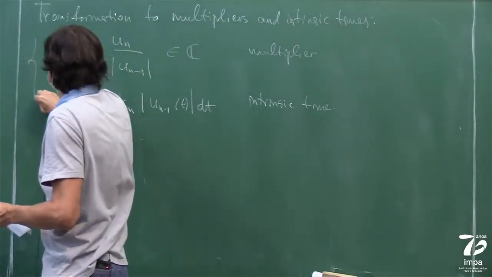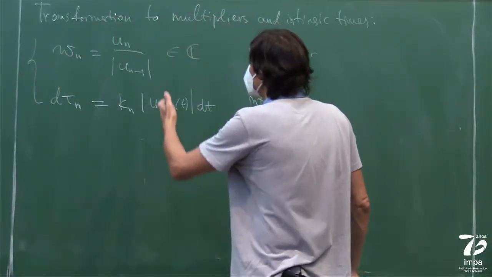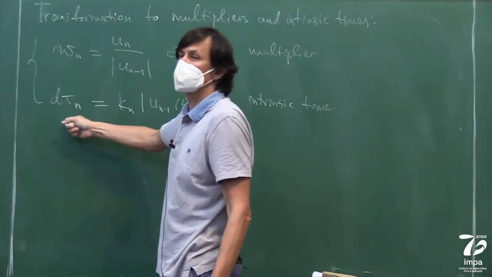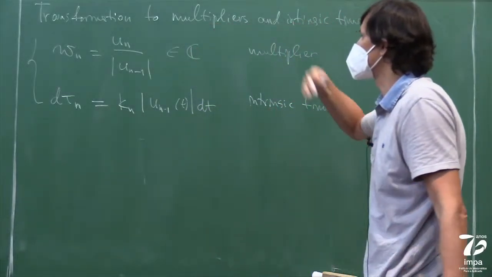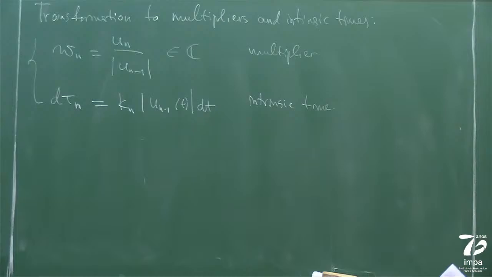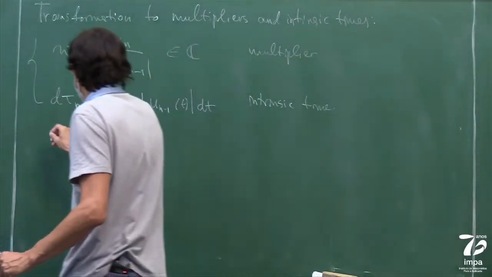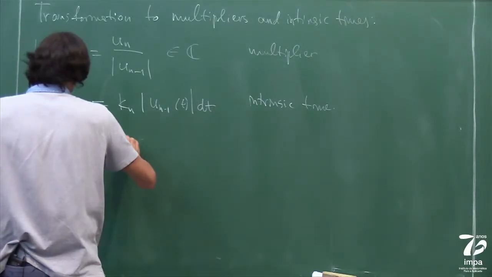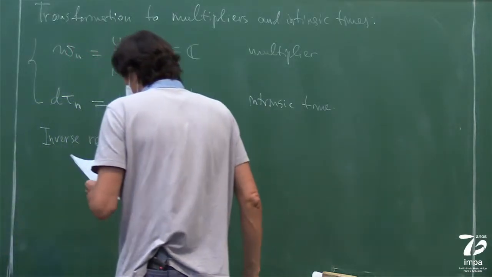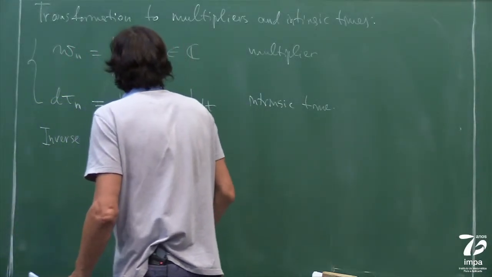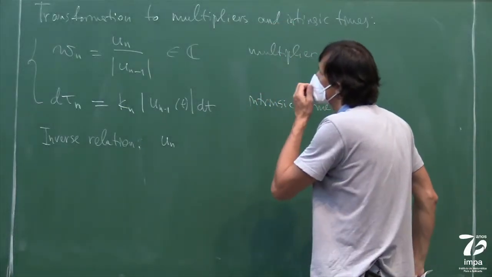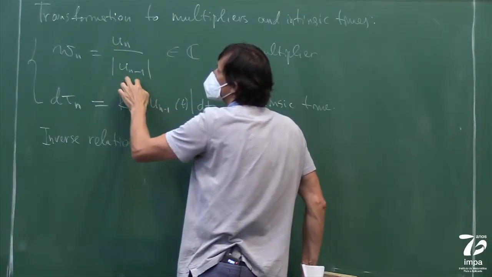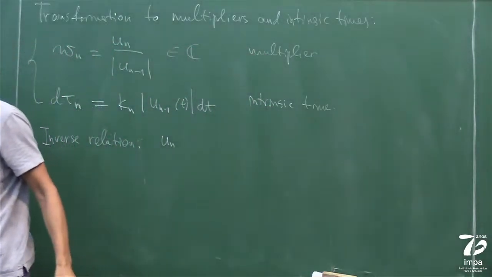So these are new variables. Given the un's as a function of time t, you can write wn as a function of tau n. So there is this transformation from u to multipliers and intrinsic times, and there is an inverse transformation. The inverse relation exists because W1 will be U1, because the denominator is 1 because of the boundary condition.